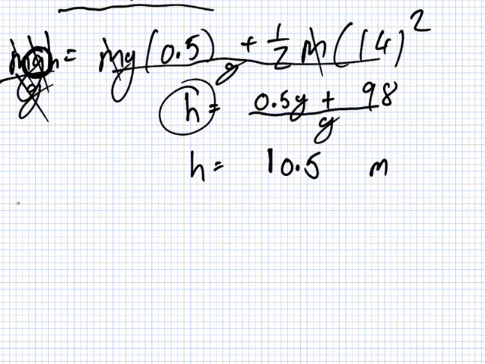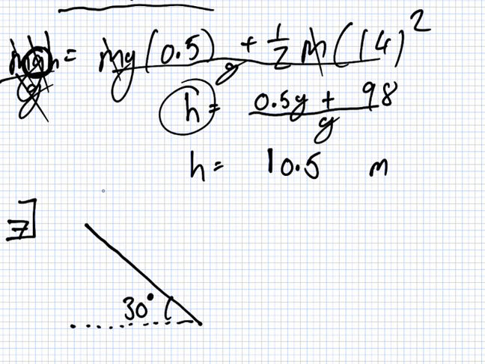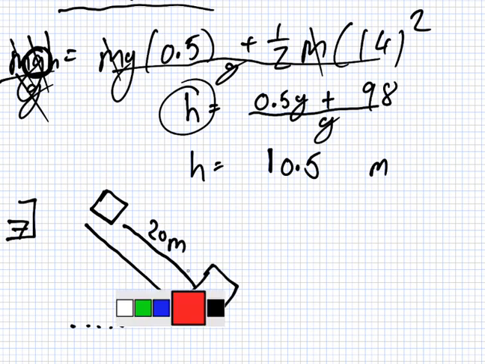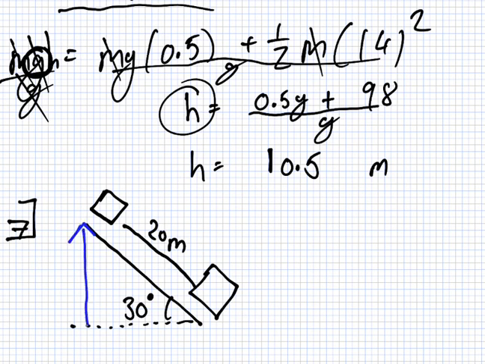So 7 here, you have a bobsled slides down a frictionless surface which is at an angle 30 degrees. It starts from rest and travels 20 meters. So it starts here and then it travels 20 meters and it finishes here. How big is this height? This would be 20 sine 30.